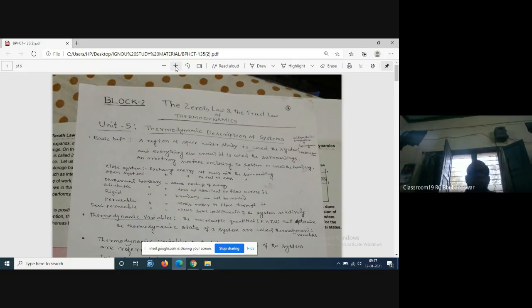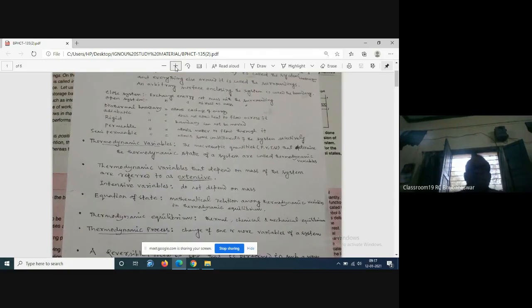Similarly, a rigid boundary cannot be moved. A permeable boundary allows matter to flow through it, and a semi-permeable boundary allows only some constituents of the system to flow through it selectively, not all matter.